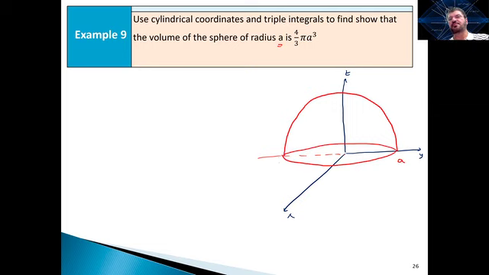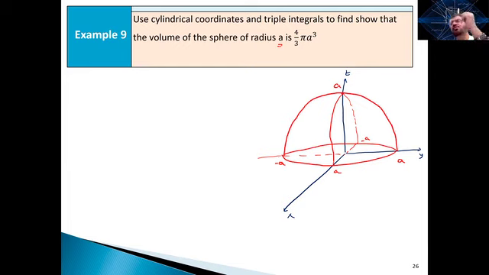So this is a, negative a, and here you can go all the way down like that. And in the back, here's, guys, the sphere of radius a. Of course, this is a, this is negative a, this is a, and here it's negative a. It's a sphere. It's a dome.